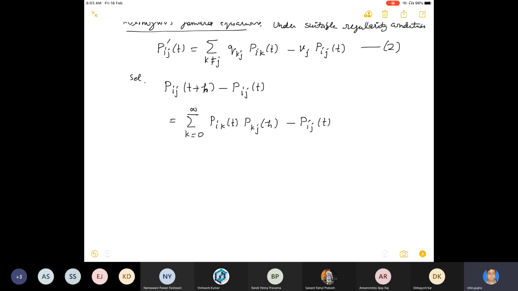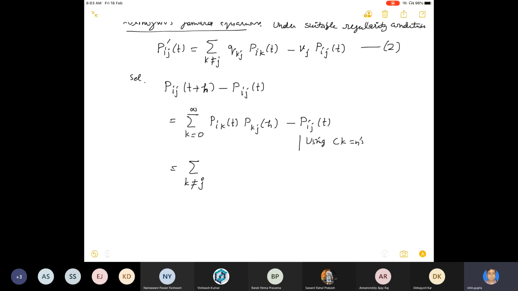Now take out the jth term from here. K is not equal to j, Pik t Pkj h, minus. So the term that comes outside is this minus 1 times this, and the other term will be in plus.